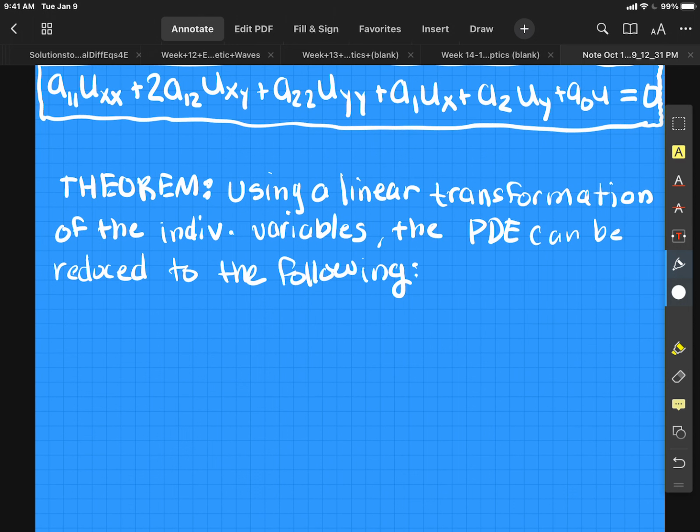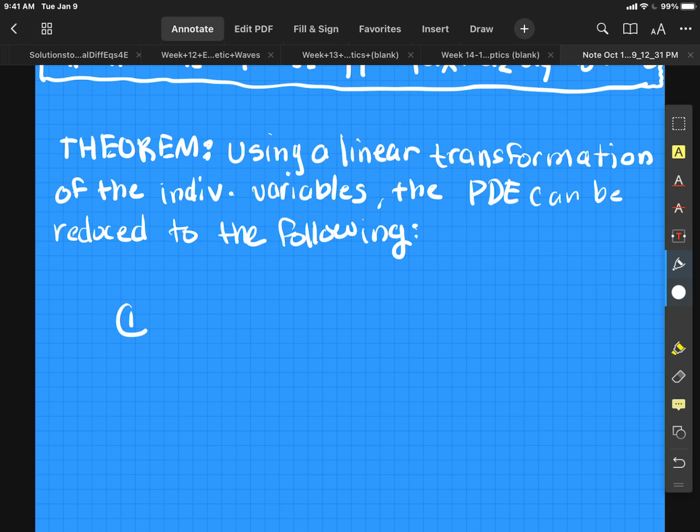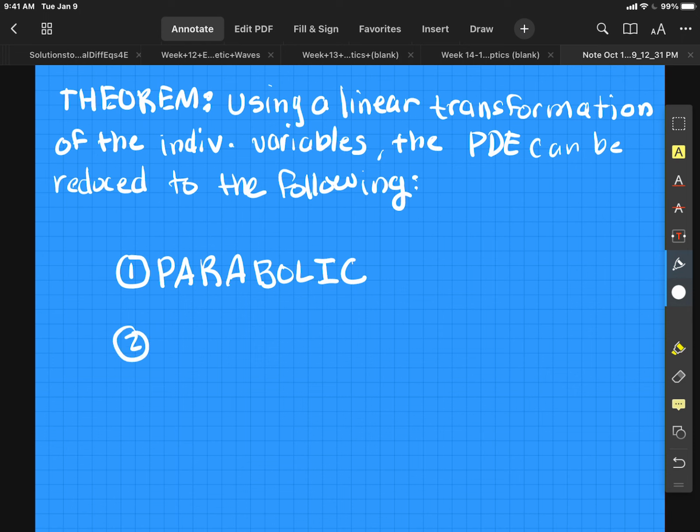So depending on a couple of factors, we can define the PDE as parabolic, hyperbolic, and of course, the last one, elliptic. Or excuse me, elliptic.